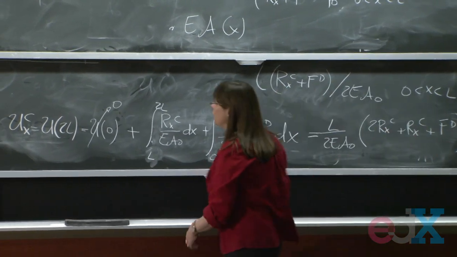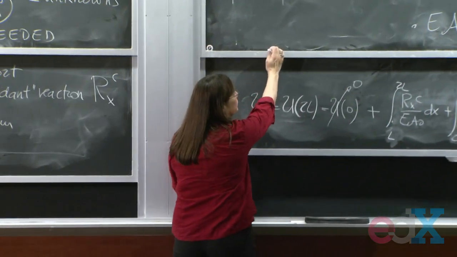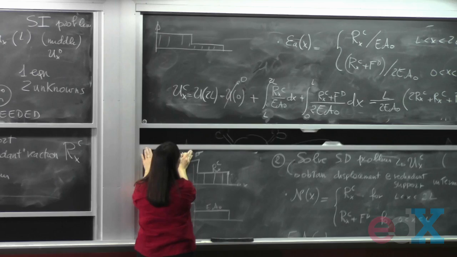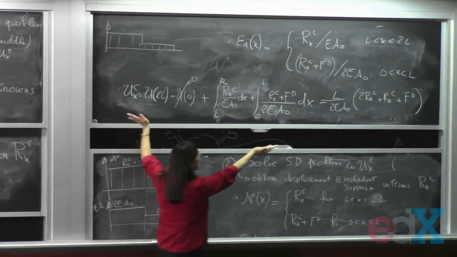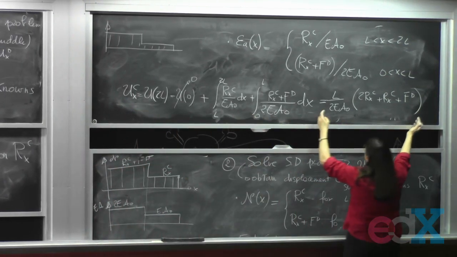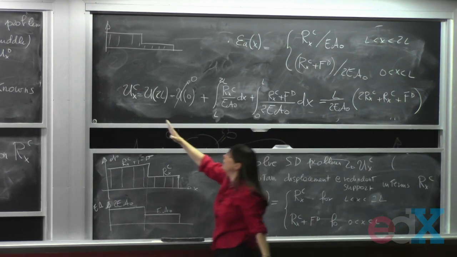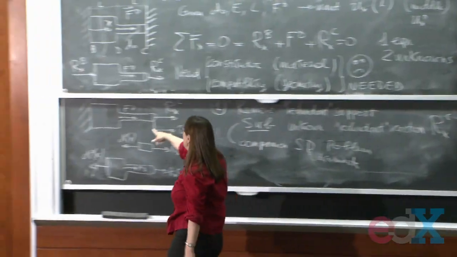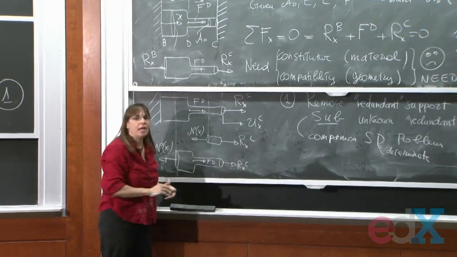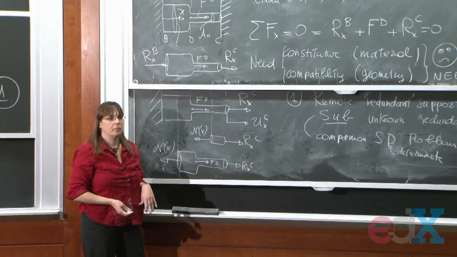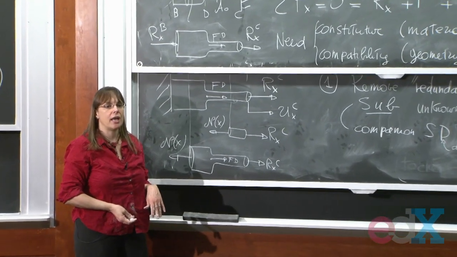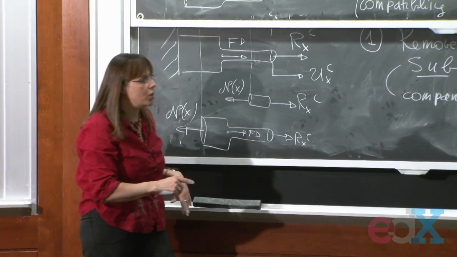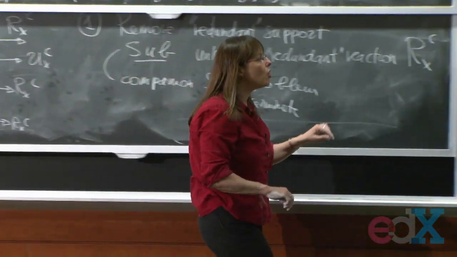So this thing is the solution to your statically determinate problem. And you see that in your statically determinate problem, how much UXC will displace has to do with how big RXC is. Right? You're not getting rid of the whole mass yet, but you're very close.